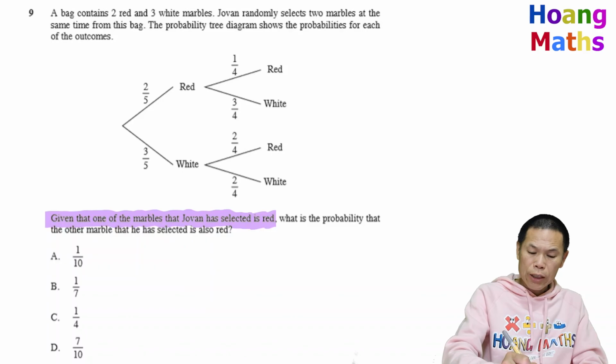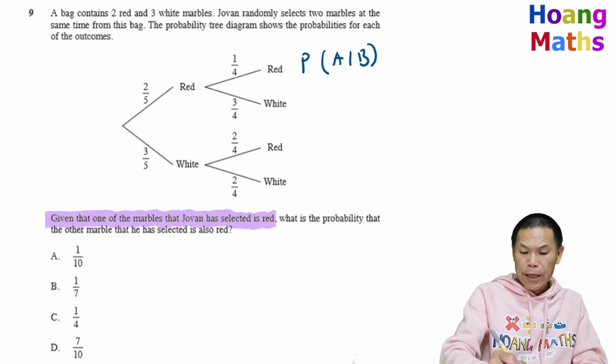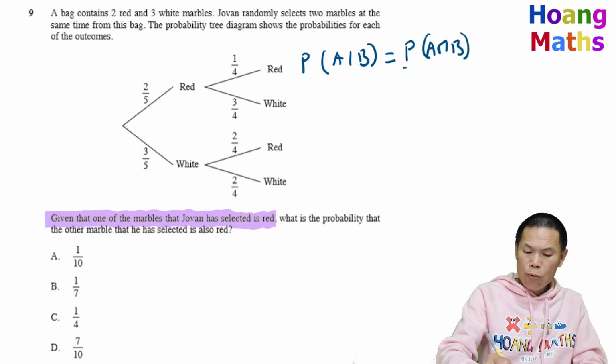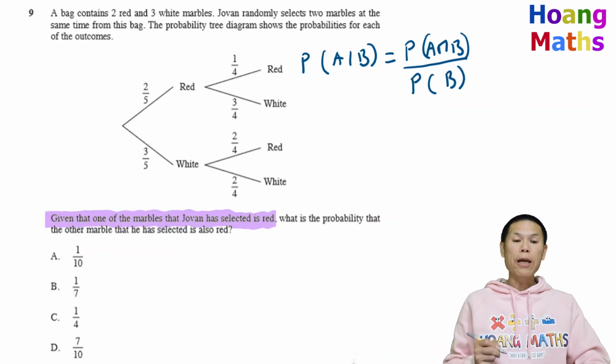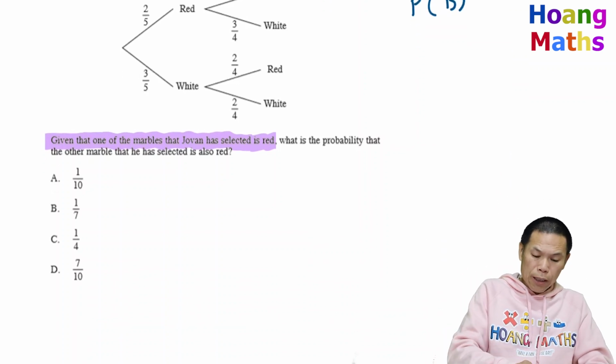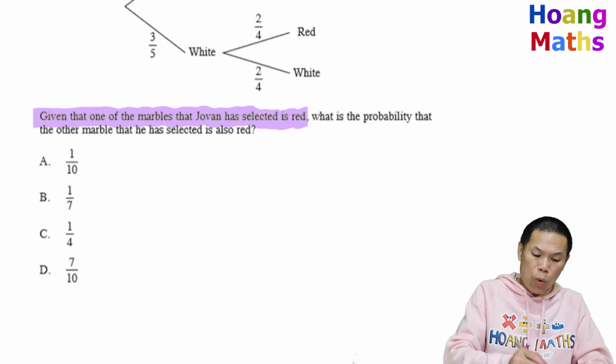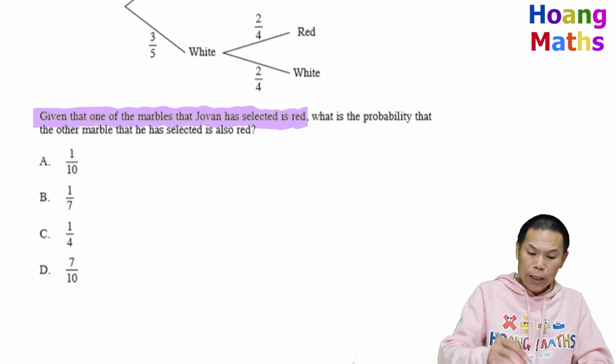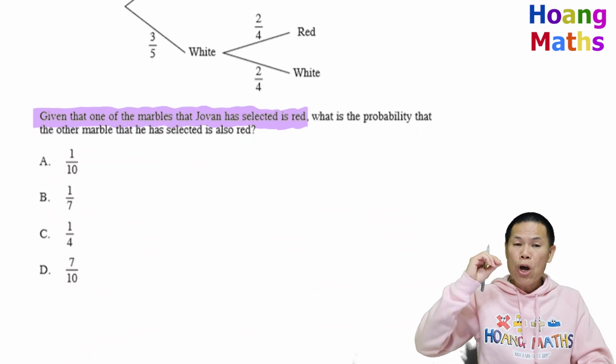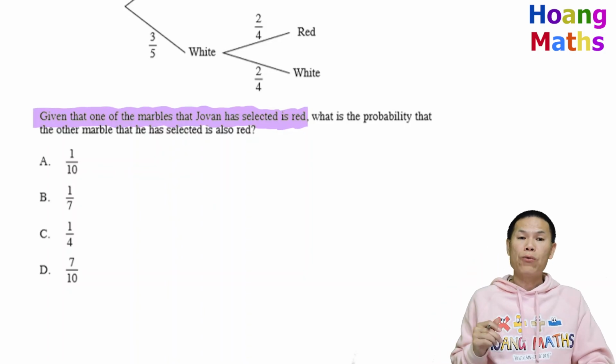So let me just write on here. Probability of A given B is equal to probability of A and B over probability of B. So keep that in mind. Now the question is this. First of all, given that one of the marbles is red, we know that at least one of them is red.